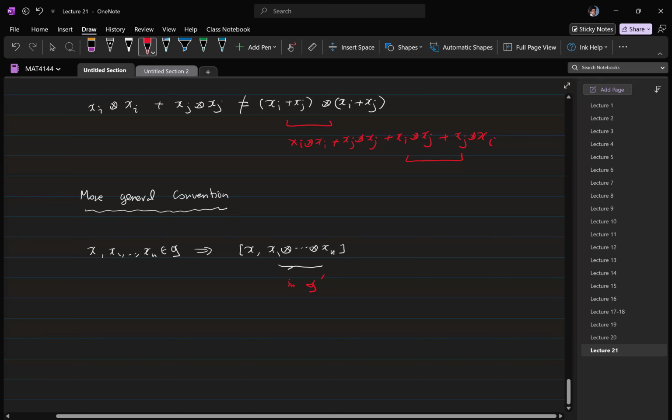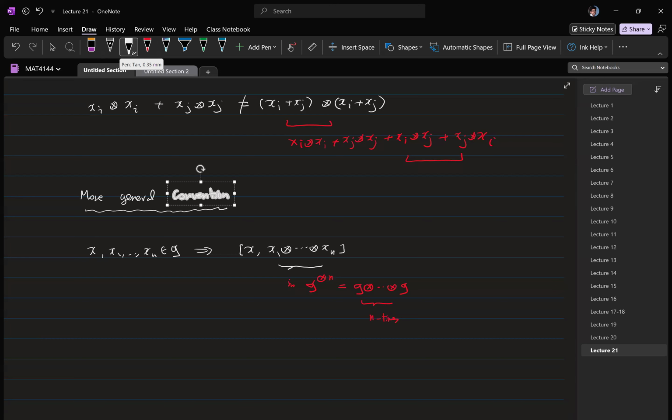I could write this as G tensor n, which is G tensor G n-fold. So what I do is I take the commutator of x with each xi, put it in the ith position, and then add.